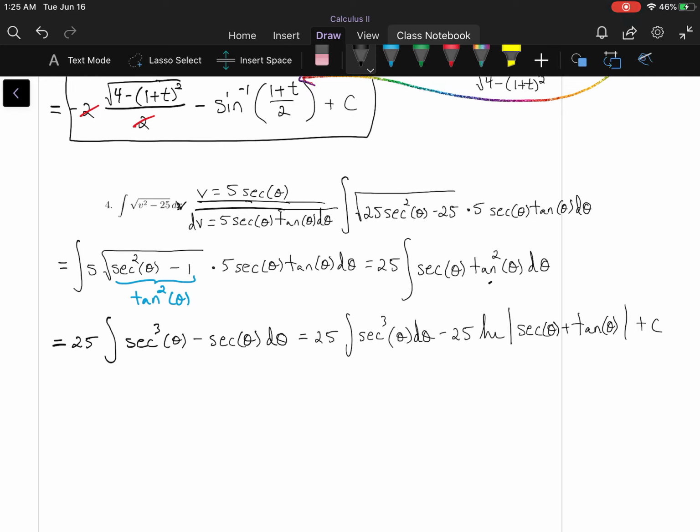If we pull out a secant squared, what is that going to do for us? Let's check it out.